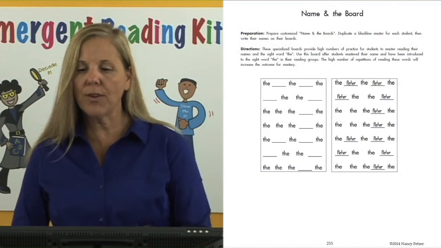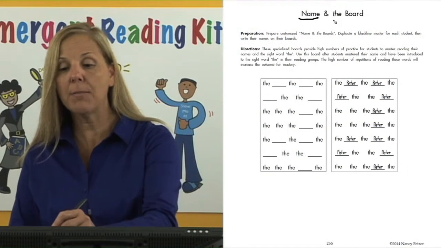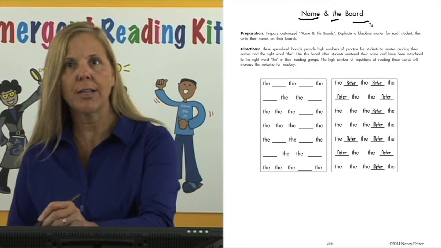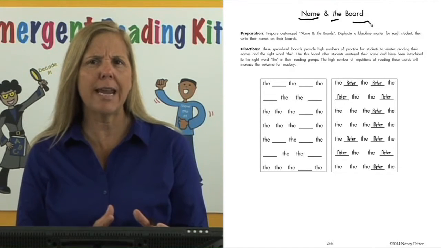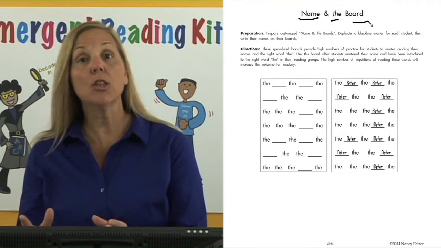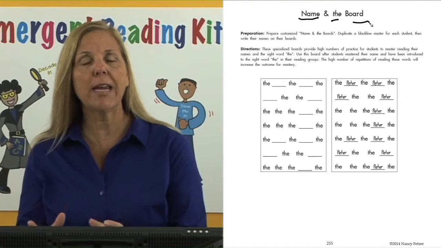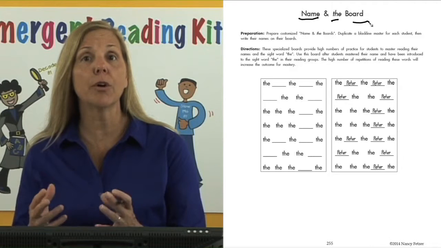On page 255 is the name and the board. At this point, a student who needs to learn their name will be in the red group, and the first sight word that they learn in the red group is the word the.